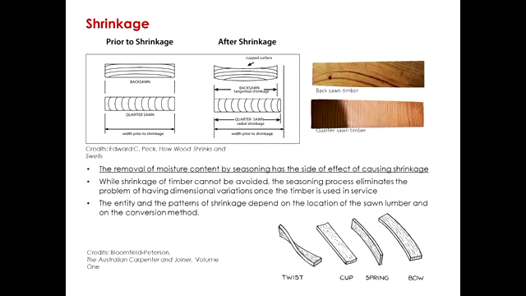And then this is the product after shrinkage, which can happen during seasoning, for instance. If we look at the direction of the fibers, with quarter sawn there's a very minimum shrinkage here. And because of the direction of the fibers, with back sawn you've got this sort of problem. So it shrinks a bit more, but it's also changing shape.